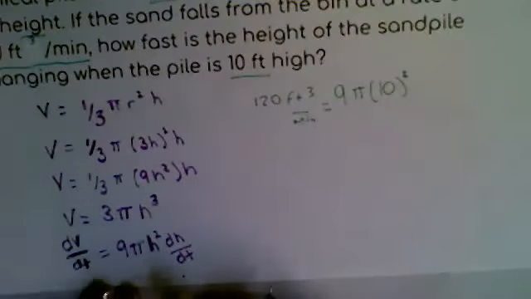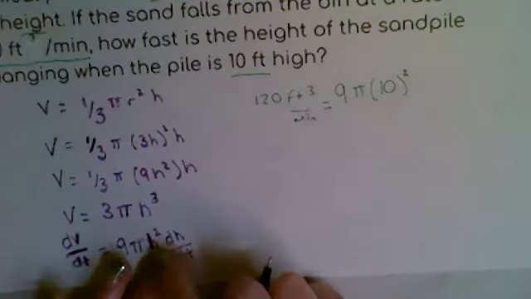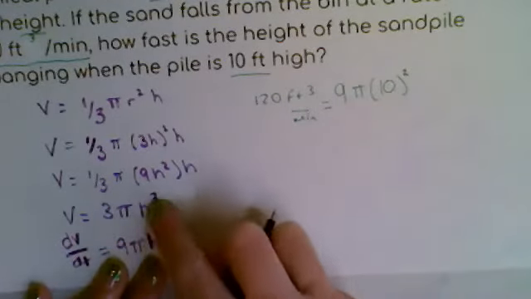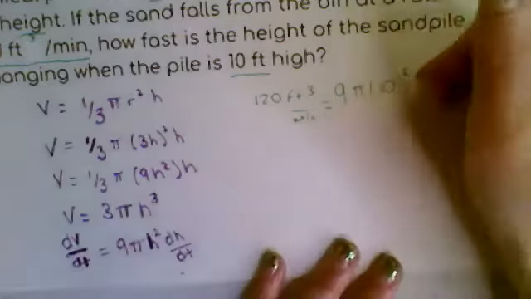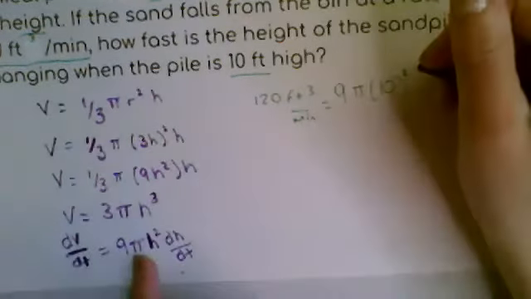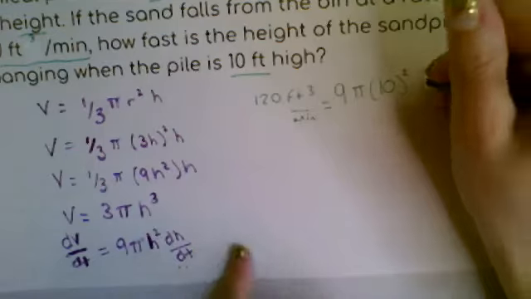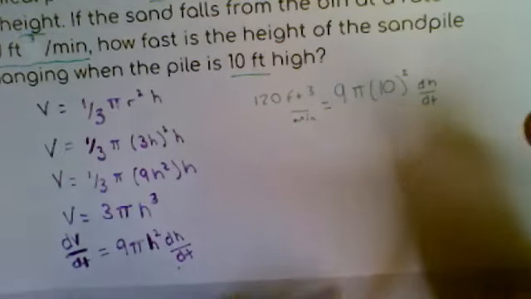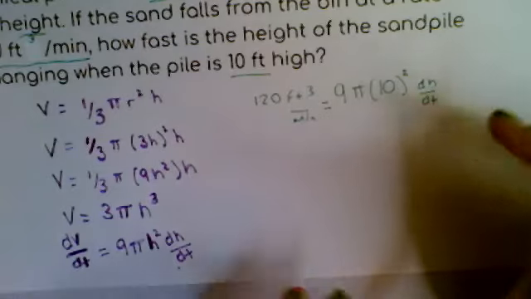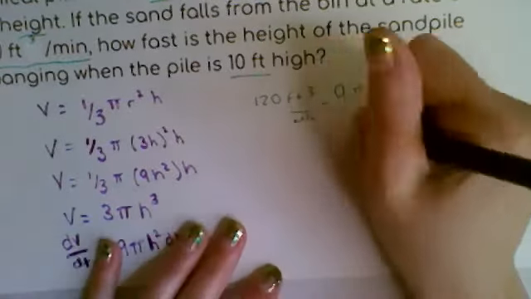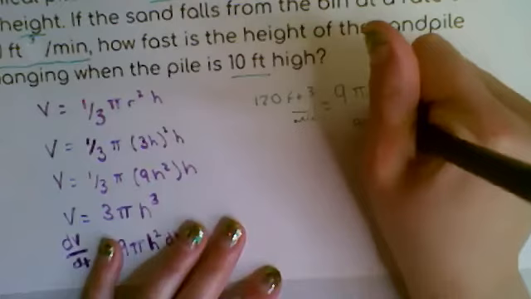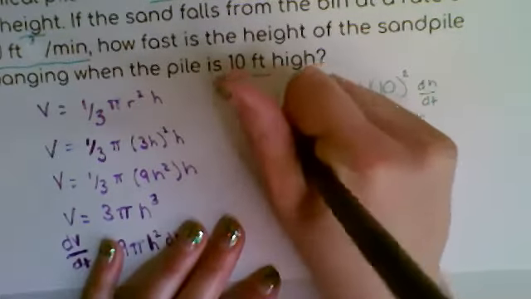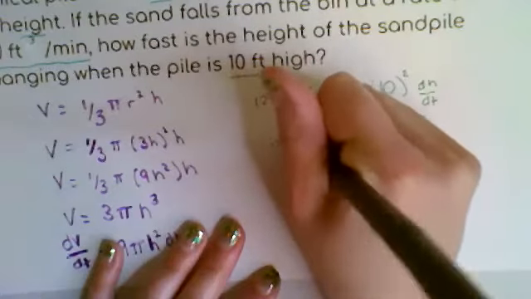I said it, but I didn't write it down. 3 times 3 gave me 9, but the h should still be squared because 3 minus 1 is 2. So 9 pi, height is 10 squared, times dh/dt. We're solving for dh/dt. Let's take care of this whole right side. We get 900 pi dh/dt equals 120 feet cubed per minute.